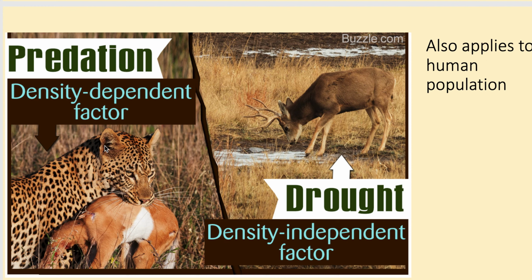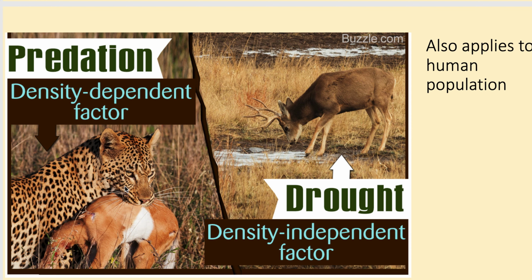Well, we see that it's definitely a density-dependent factor. The more densely populated an area, the higher chance of transmission for that virus, which is why we're quarantined. We want to make sure that we stay distant, right? We have that social distancing. So that way the virus has a harder time transmitting from one host to the next, and that'll give it time to kind of just die off or level off. And so that would be a density-dependent factor.